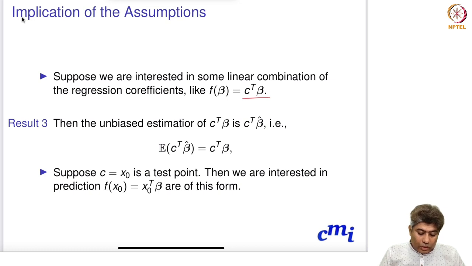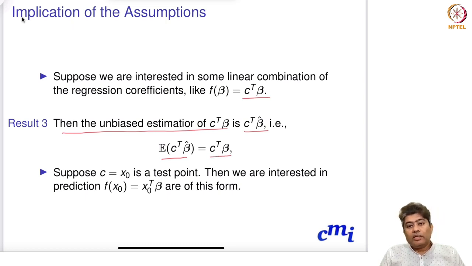So, the result says the unbiased estimator for C transpose beta is simply C transpose beta hat, because the expected value of C transpose beta hat, if you just take C transpose out of the expectation, is C transpose times beta, so C transpose beta. So right away C transpose beta hat is an unbiased estimator.